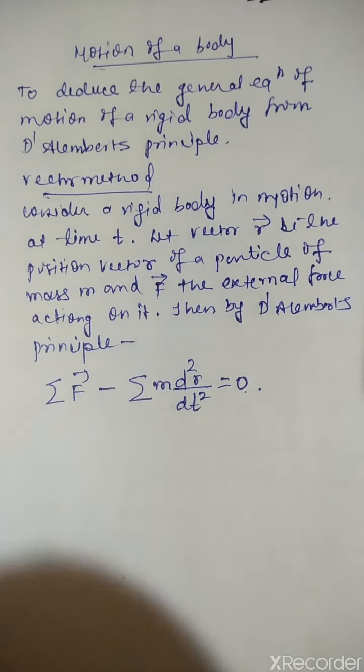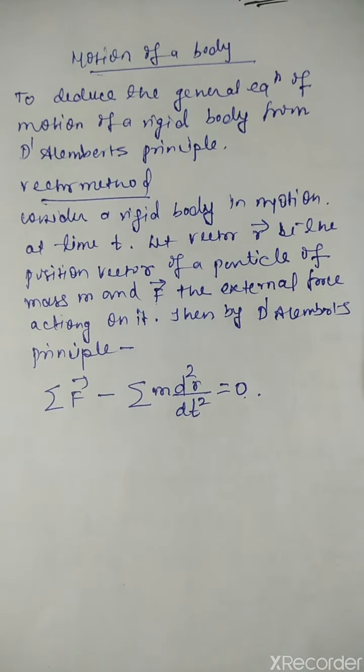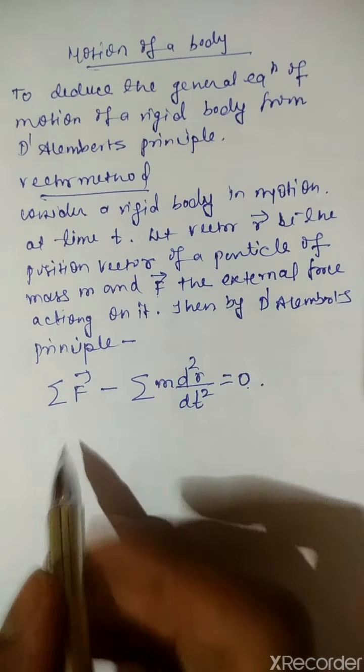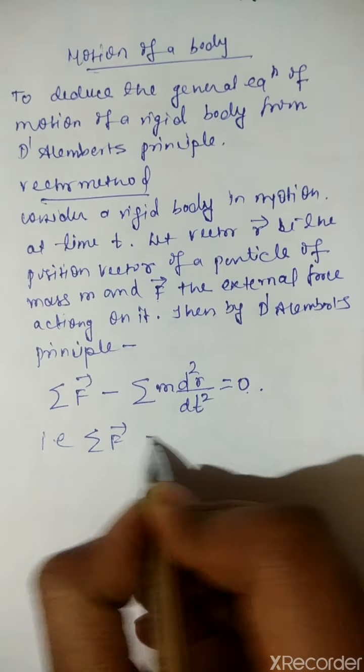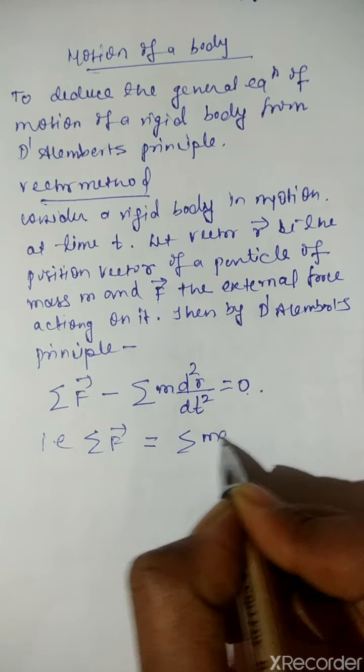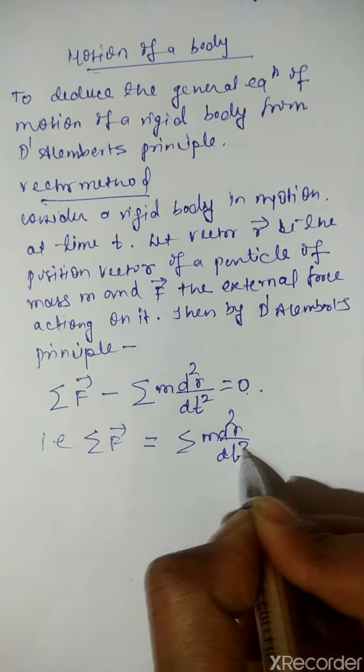Now F is equal to sigma m d2r by dt square.